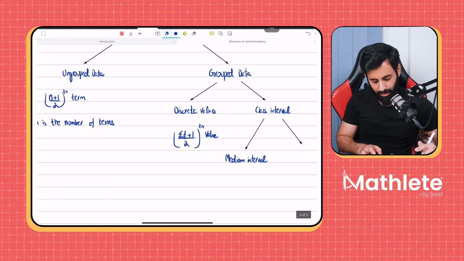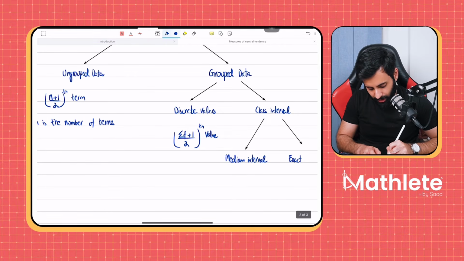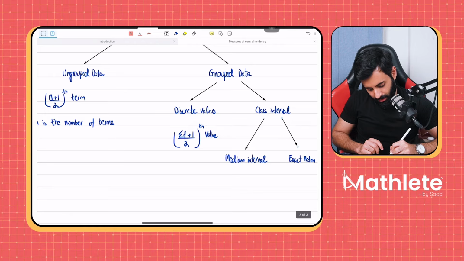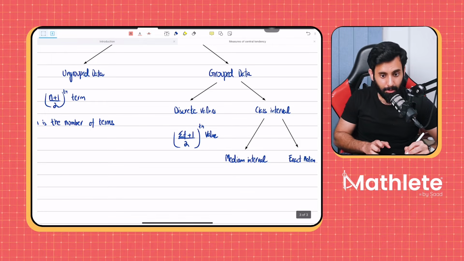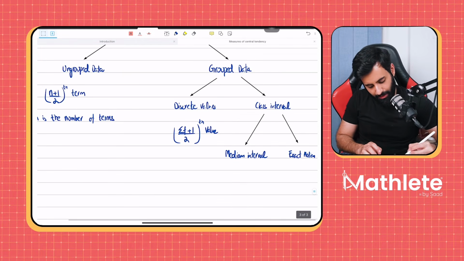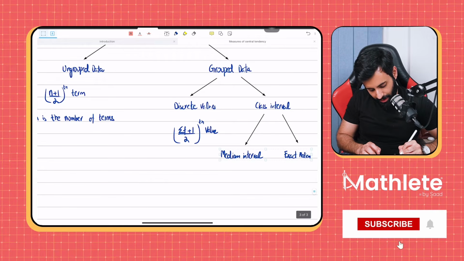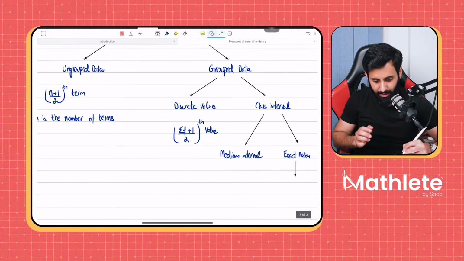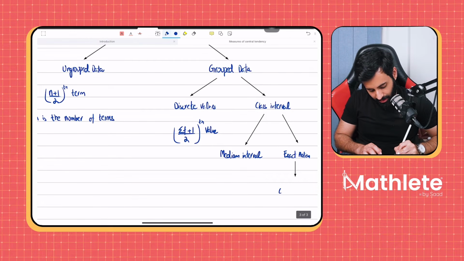What is that? If I wish to find out the exact median, or let's say close to the actual value. Graph. What graph? Cumulative frequency graph. That's correct. So if let's say you're asked to find out the exact median, there will always be a step before, and that is the cumulative frequency graph.